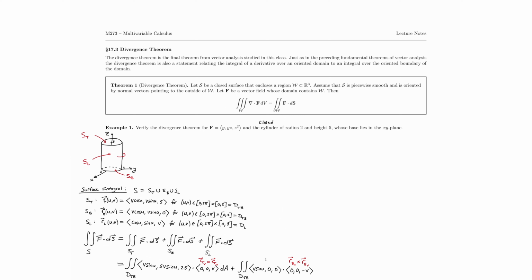So it is the u partial of this crossed with the v partial of this, dA.